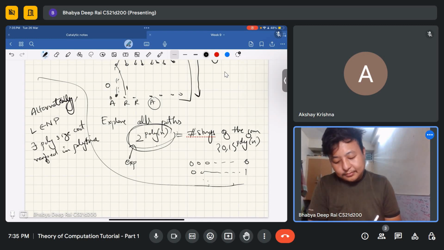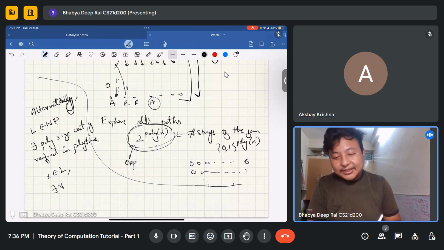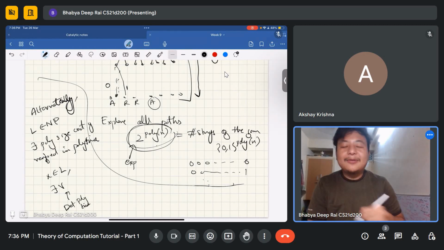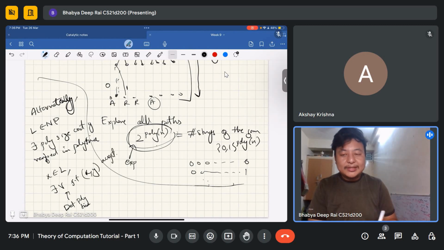That means that if X is in L, then there exists a V which is a deterministic polynomial time verifier. Okay, by verifier I mean a Turing machine only, such that given X and certificate Y, this will accept. We'll do more on this.